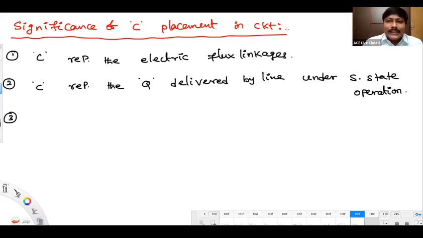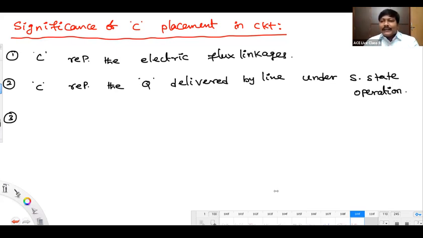Okay. Next thing. Think here. Earlier we said rate of change of magnetic flux linkage, d psi by dt. We know that is voltage. Rate of change of magnetic flux linkage is a voltage. That's what you have called as induced EMF. But here, what is the rate of change of electric flux linkage?